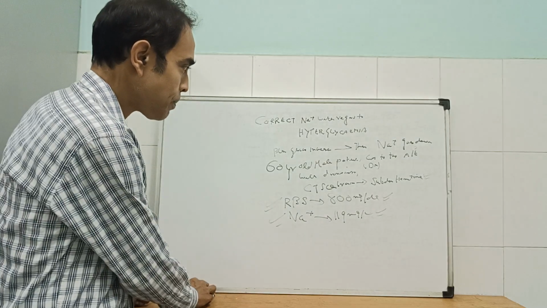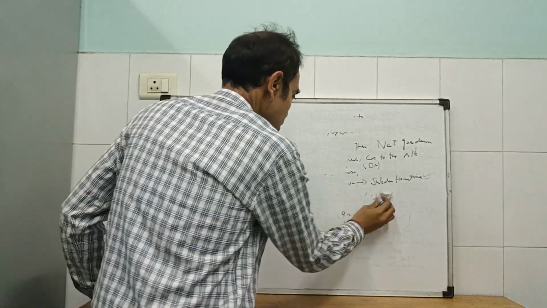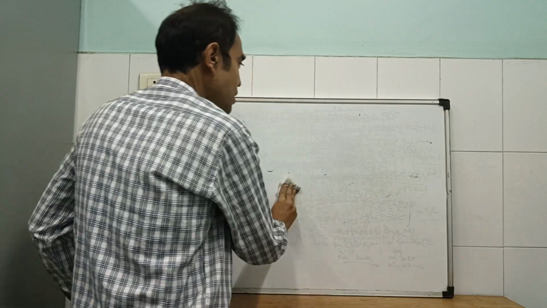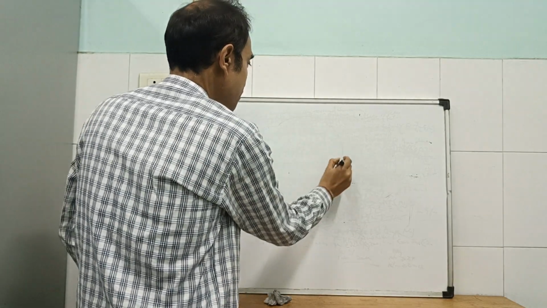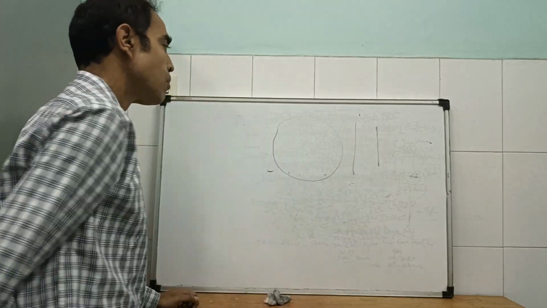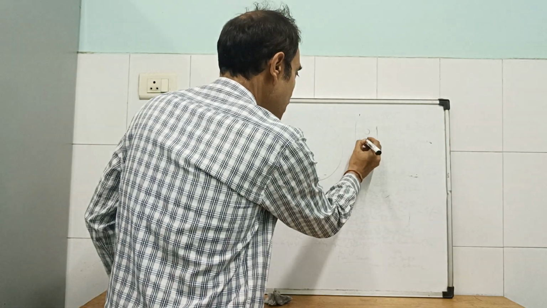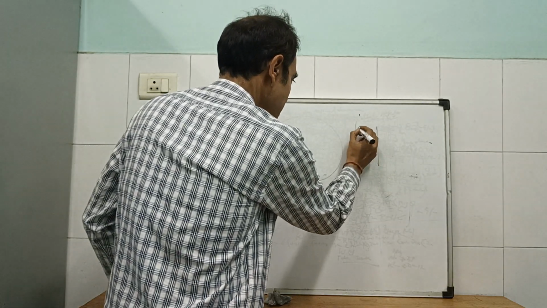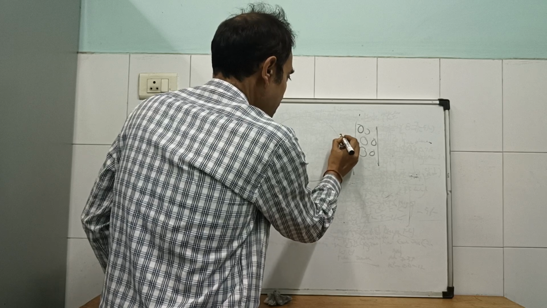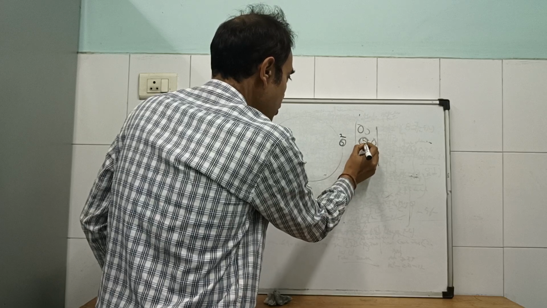So let me first break it down. What happens is that this is a cell of our body. This is the extracellular fluid. Normally when RBS increases, insulin helps to move the sugar from this compartment to this one.